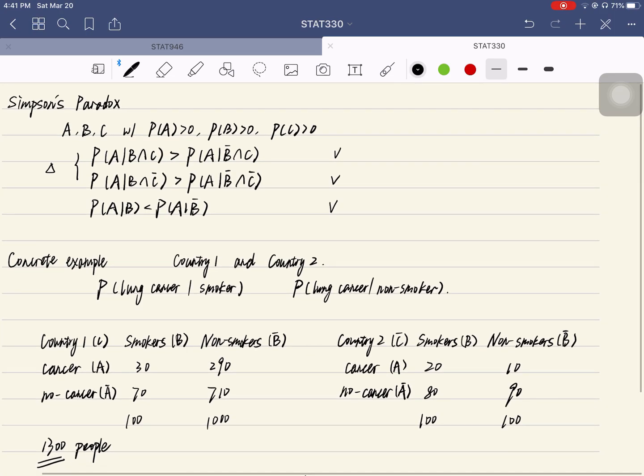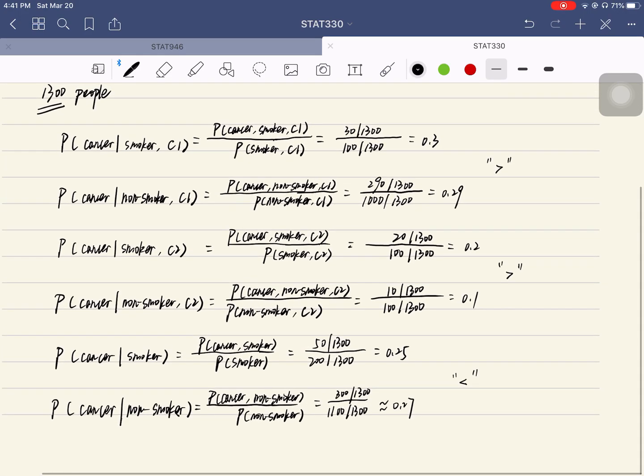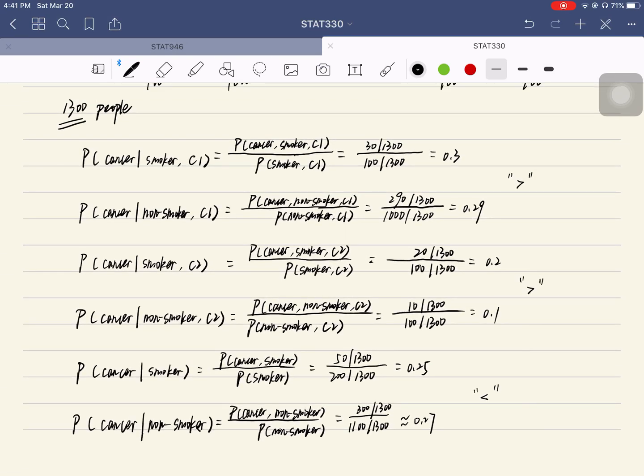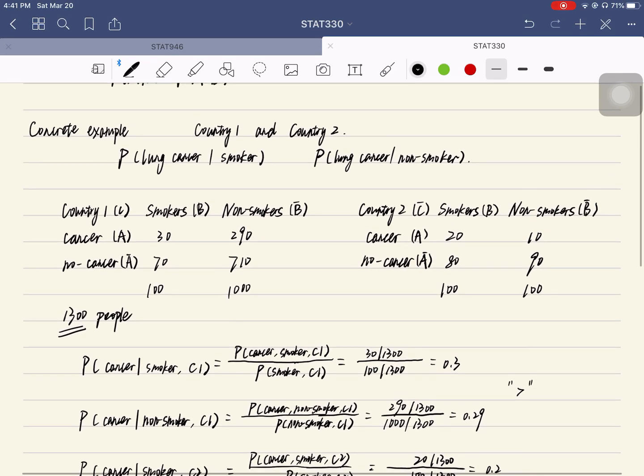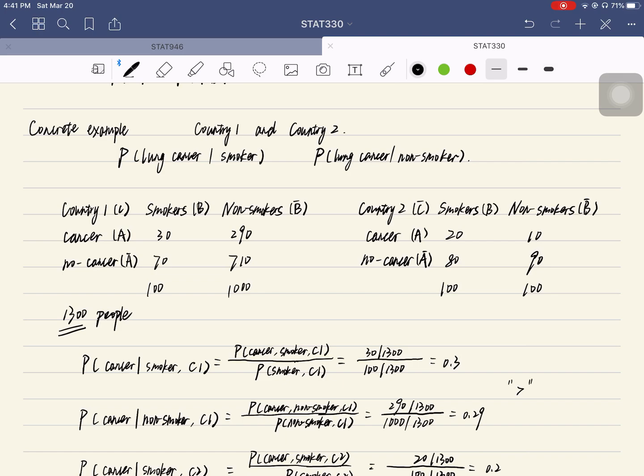From this concrete example, you can see Simpson's paradox is possible to exist. So let's review the data again. What exactly does this data tell us?